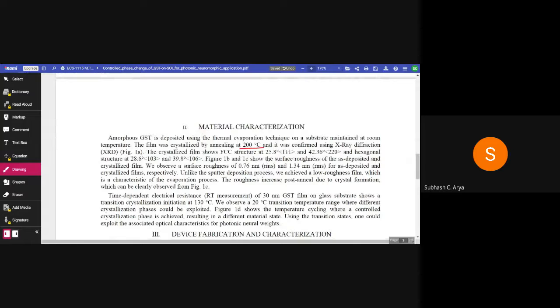Now the film was crystallized by annealing at 200 degrees centigrade and was confirmed using X-ray diffraction.